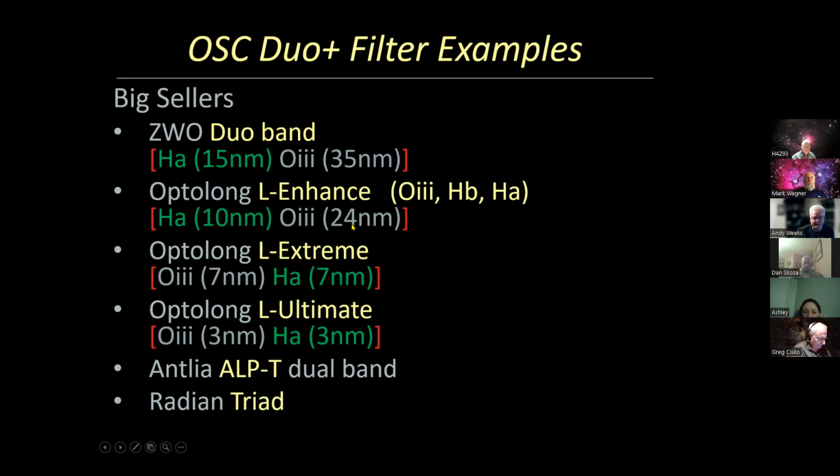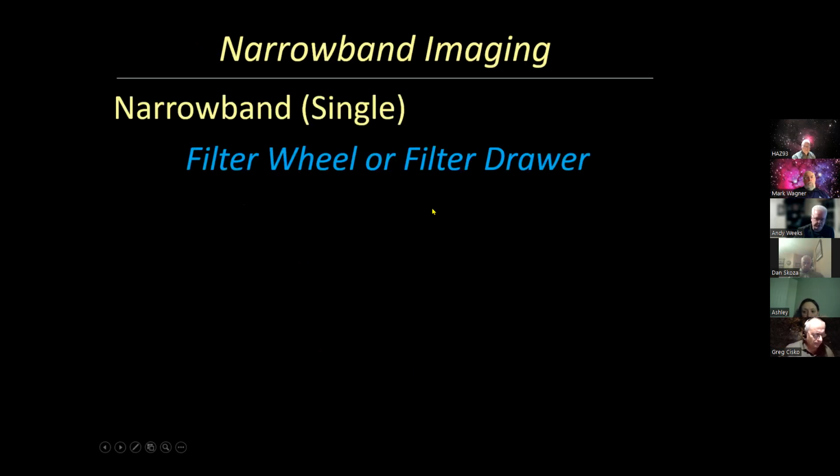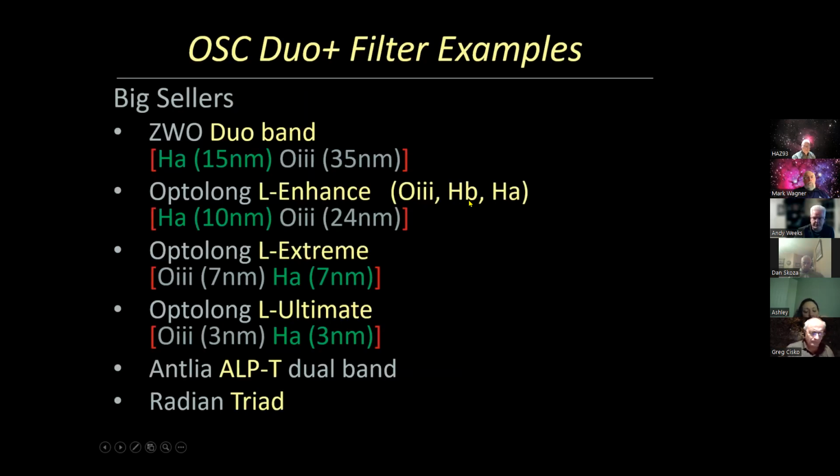The L-eNhance is pulling in oxygen 3, the H beta, and HA, which sometimes you want the H beta. The L-eXtreme is down to 7 nanometers. The L-Ultimate is down to 3. So as the bandwidth gets smaller, the price goes higher. That's basically how that works.